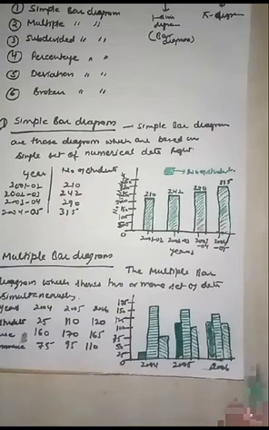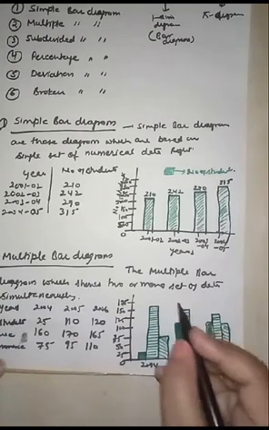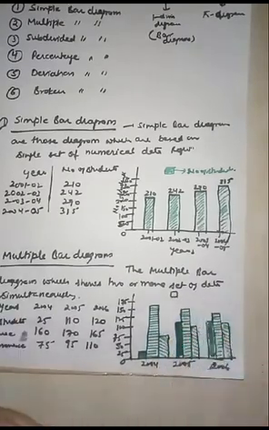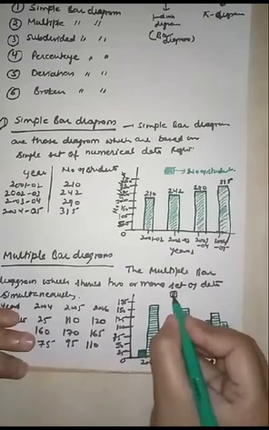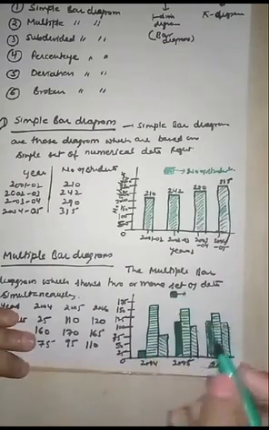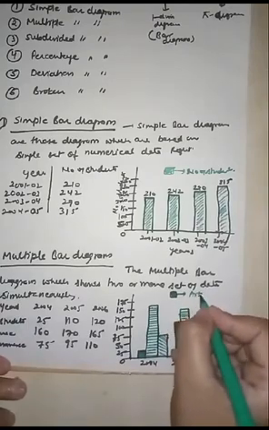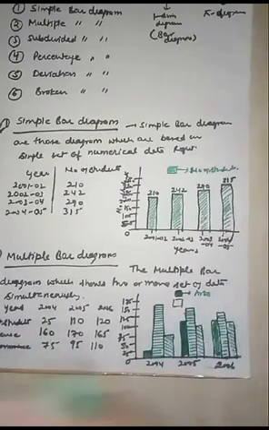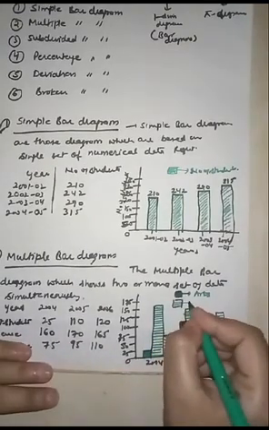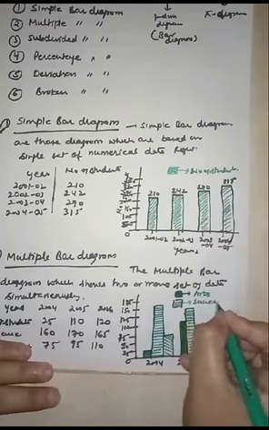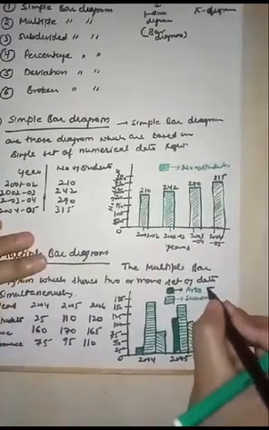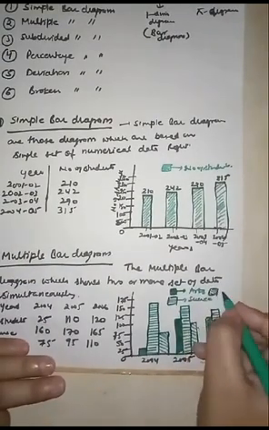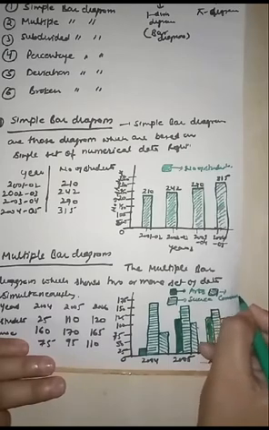Now write down, here you make 3 bars. This bar shows the arts, this bar shows the science students, this bar shows the commerce, right?